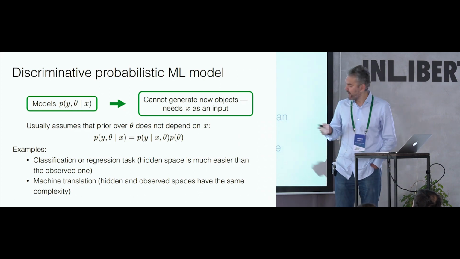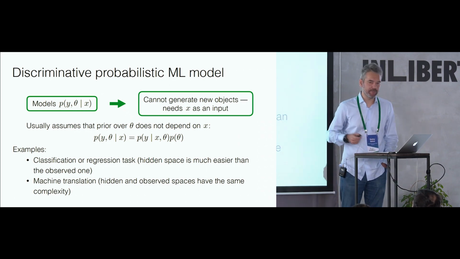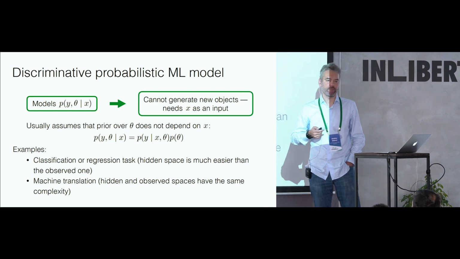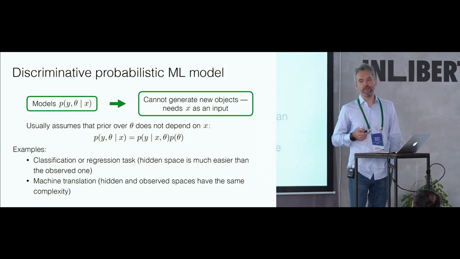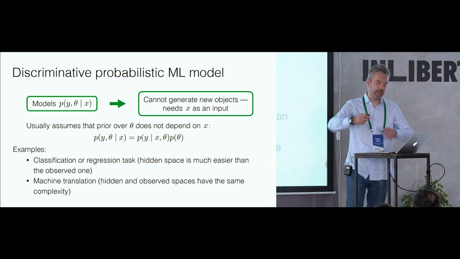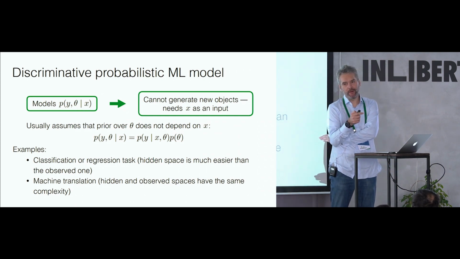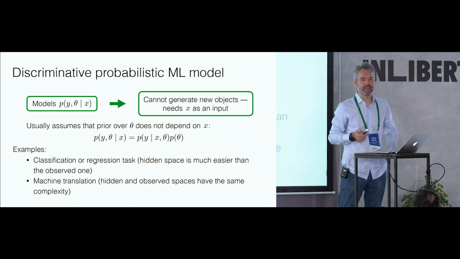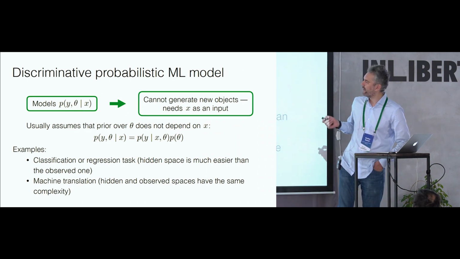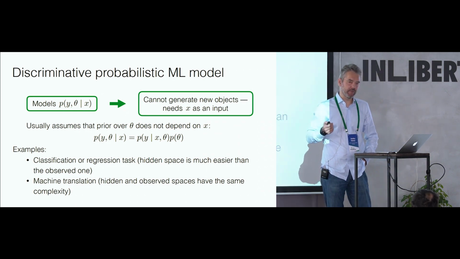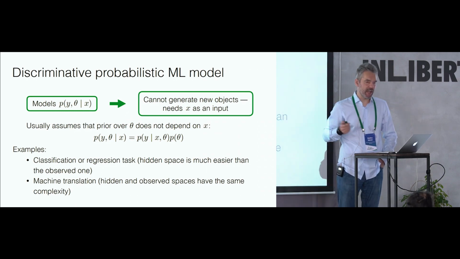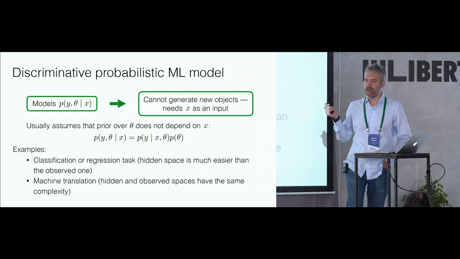So in many cases, for discriminative models, the space of y's is much simpler than the space of x's, and then it is very reasonable to use a discriminative model if we're interested only in predicting y's. But for some modern machine learning problems, sometimes it happens that the space of y's, the space of the target variables, can be as complicated as the space of observed variables x's.